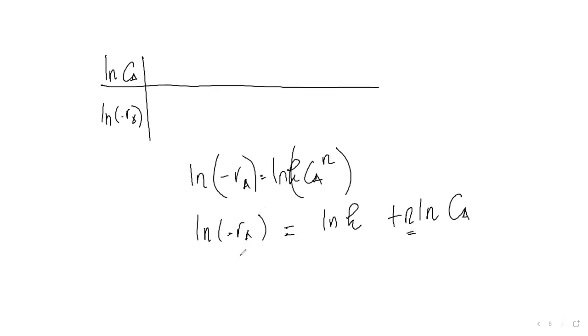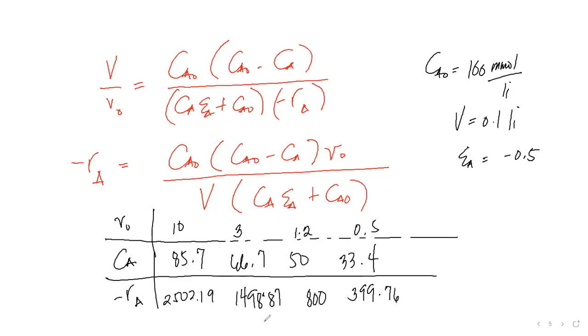So this is comparable to a y. This is comparable to an x. This is comparable to the slope of the line, and this is its corresponding y-intercept. Okay? So I'll go back to this one so you can give me the values of the ln.